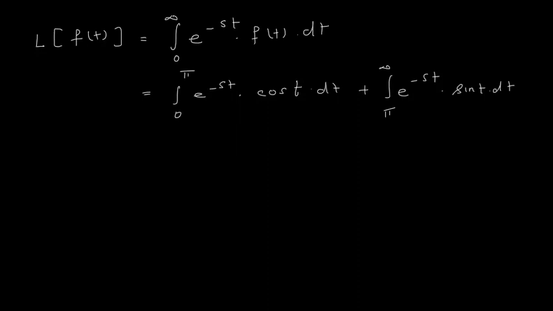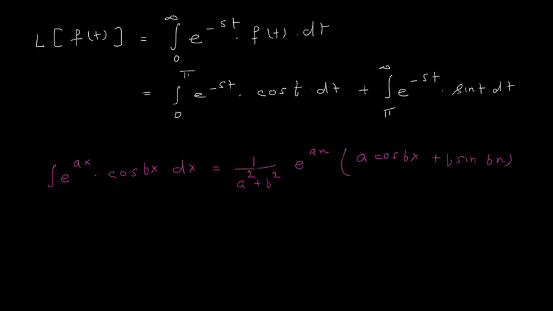Okay, integration of e raised to ax into cos bx into dx, this is equals to 1 upon a square plus b square. Now a is e power ax, so this is a, and cos bx, so this is b part, into e raised to ax. Inside bracket I have a cos bx plus b sin bx.